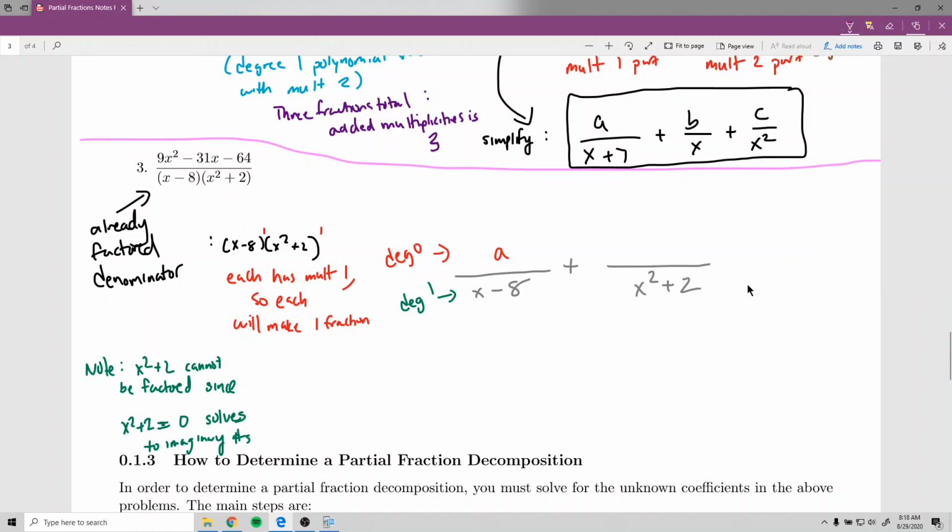But the second one is very different. This is degree 2. This is not degree 1 with multiplicity 2, it's degree 2 multiplicity 1, specifically degree 2. Now what we have to put on the top is a degree 1 polynomial, because it has to be 1 less than the denominator.